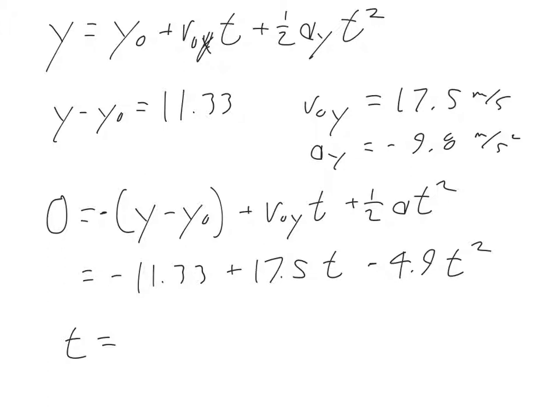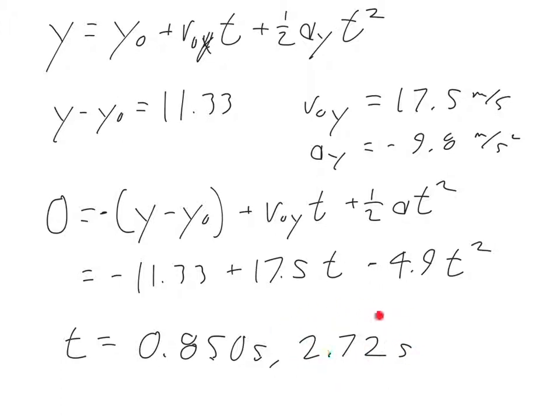So we need to solve this equation using the quadratic equation, and when we do that, we find the times will be 0.850 seconds, and the other time will be 2.72 seconds. Like I say, the first value is when the ball is still moving upward, and in this case, this is when the ball is moving downward.